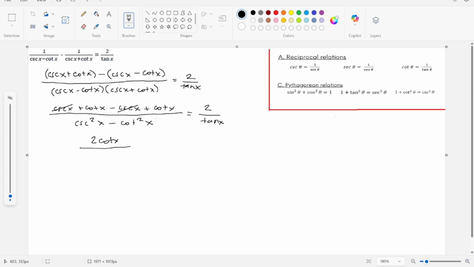Over the denominator. Okay, so, according sa Pythagorean theorem, this one, the denominator is already equal to 1. Yan. So, magiging 1 na yan. And then, we can simplify this. Cotangent pala.